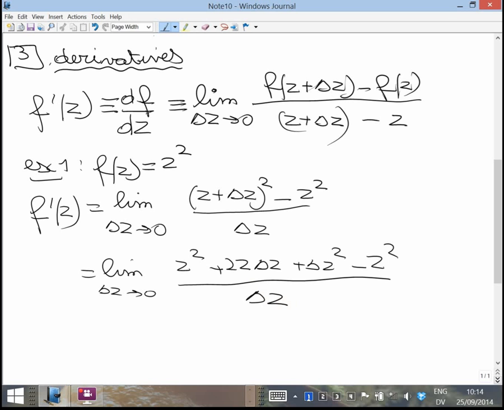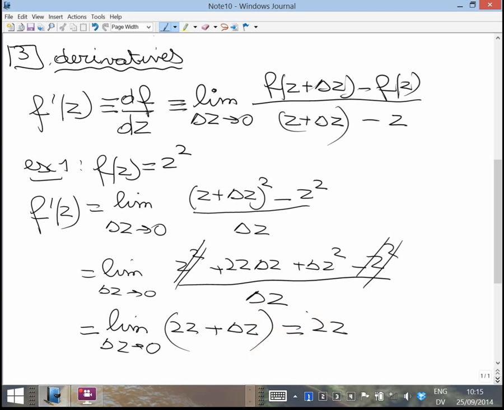And then we have these happy moments where we can get rid of some terms. And we can also divide everything by delta z. So it's just 2z plus delta z, not squared, just delta z.